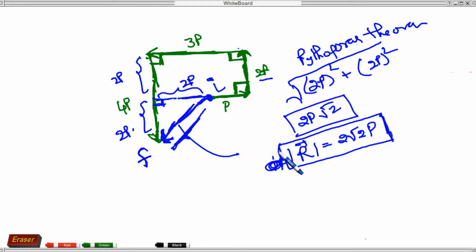So in this way we can find out the resultant of this. Let's move to another scenario.